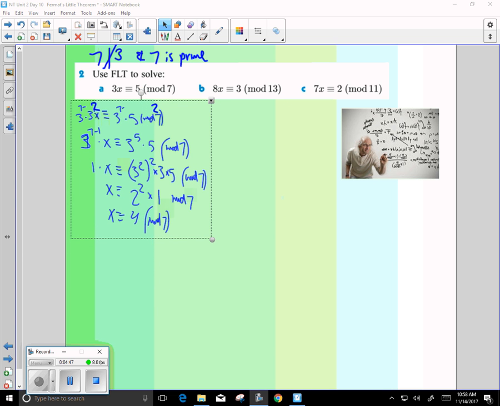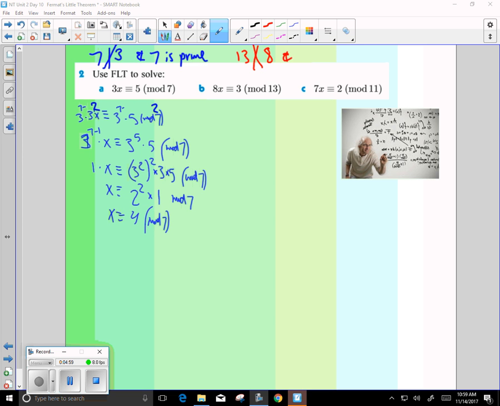I'll put the right numbers in this time. So 13 does not divide 8 and 13 is prime.